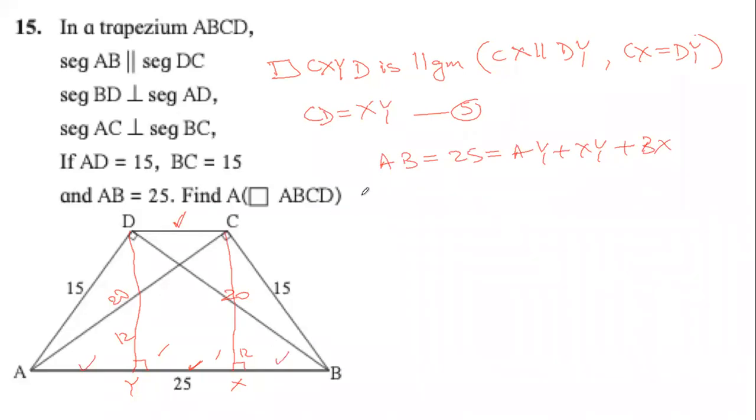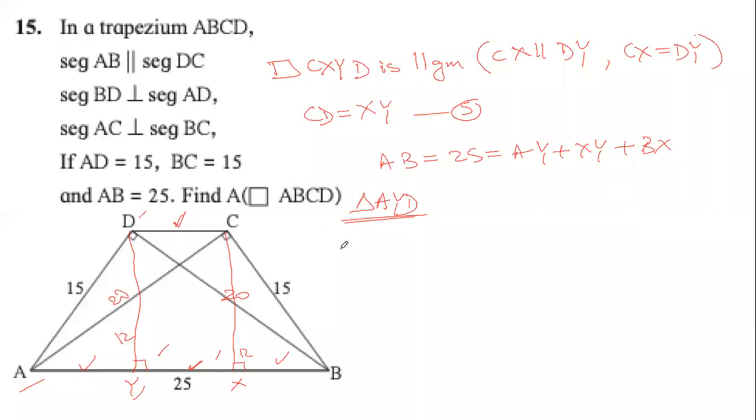For that, let us now look at another right angle triangle, say triangle AYD. It's a right angle triangle AYD. We know the hypotenuse, which is 15. We know one side DY, which is 12. And Khadija would remind us what will be the length of AY. We have calculated it so many times.